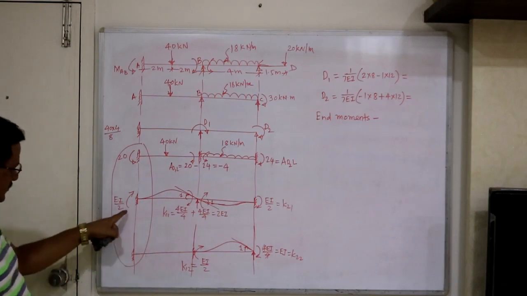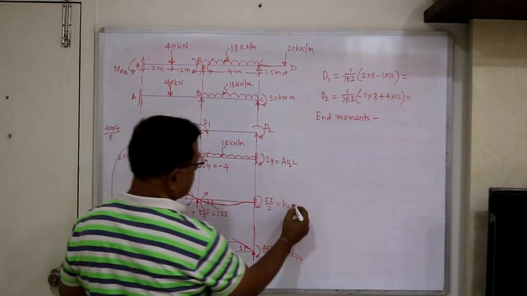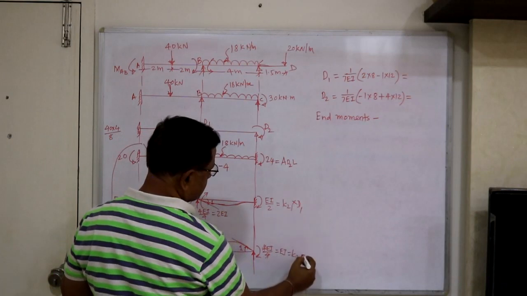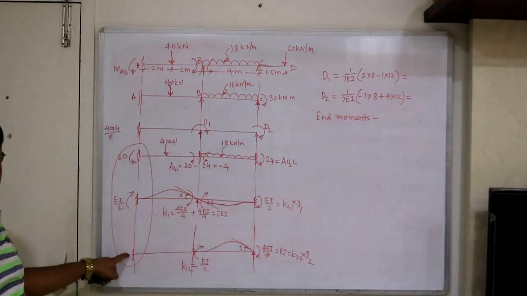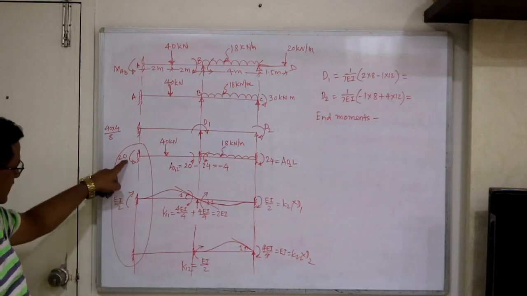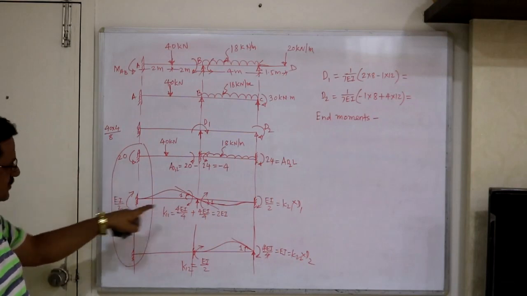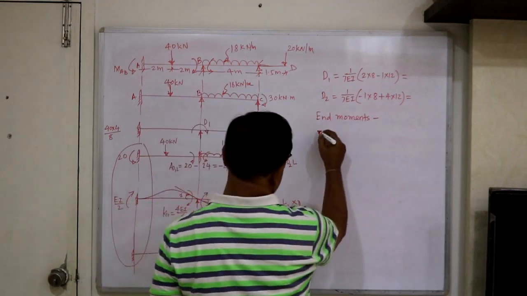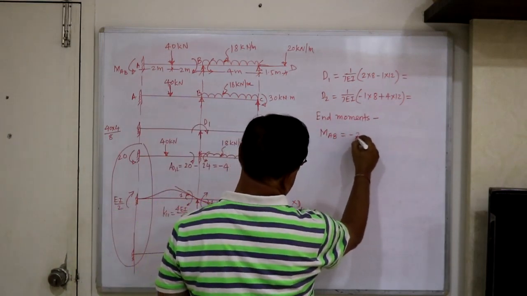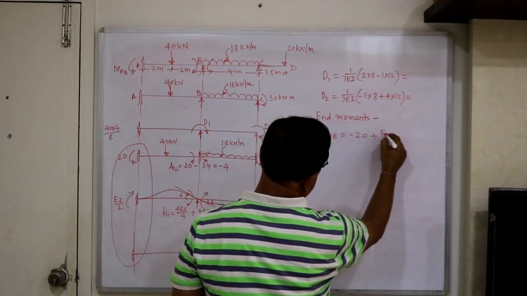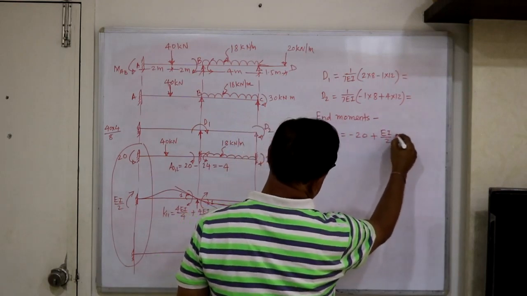But remember, this coefficient is to be multiplied by D1 and this coefficient is to be multiplied by D2. But here there is no coefficient, only this minus 20 plus EI by 2 into D1. So MAB equal to minus 20 plus EI upon 2 D1.